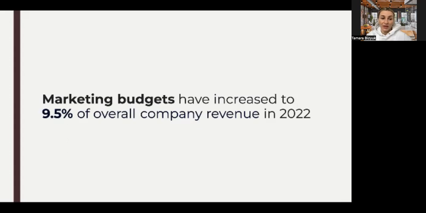In total they stand for 10% of overall company revenue, which is a significant number.